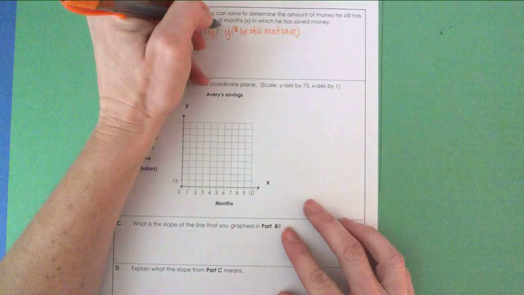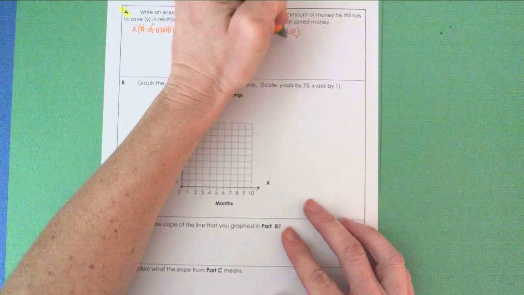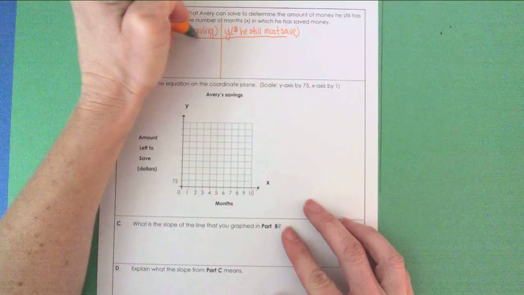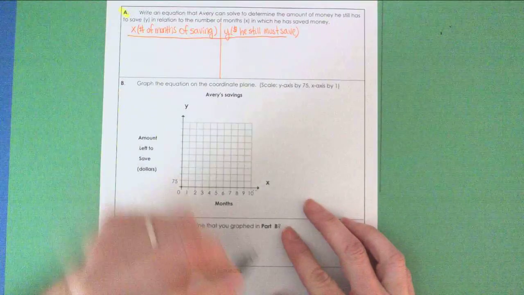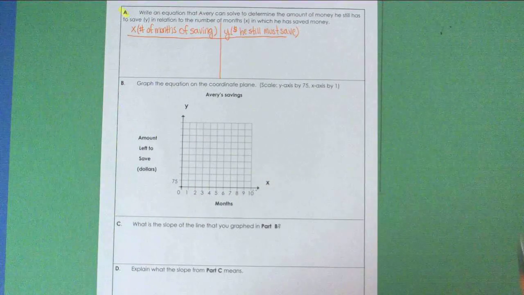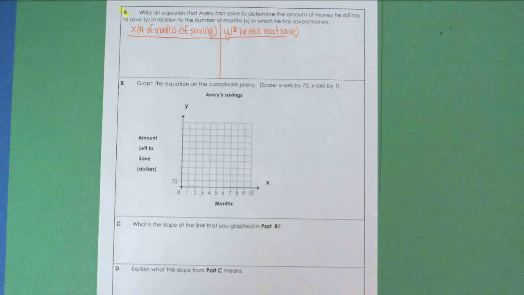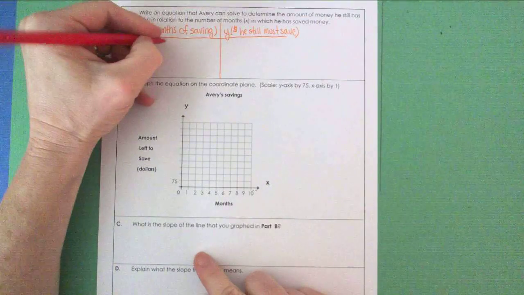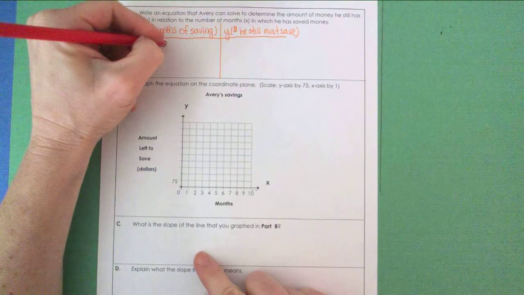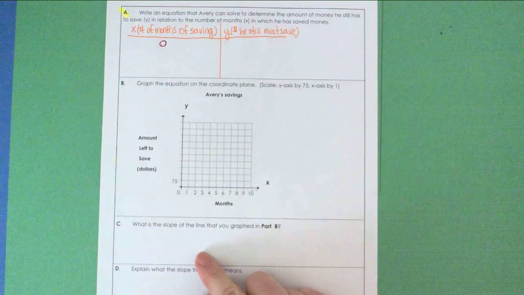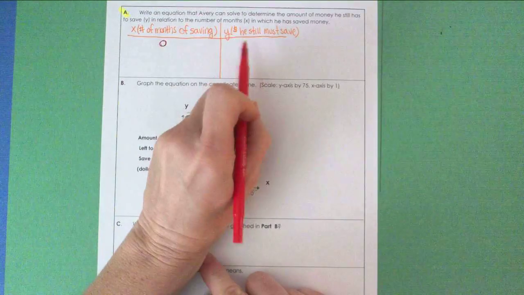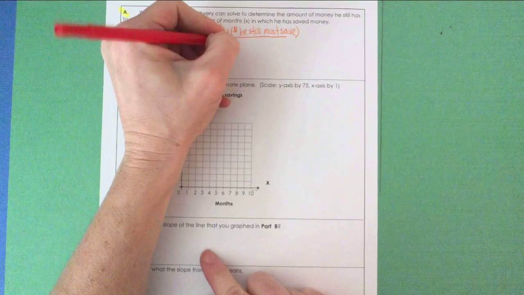If I make a T-chart here, a little table, I'm going to put some values into it that make sense to me. If 0 months have gone by, then he still must save $750.